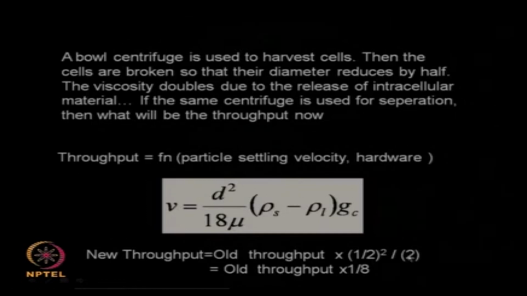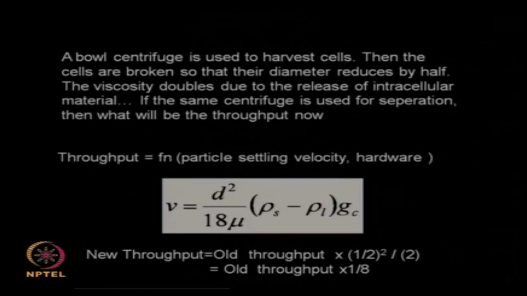So 1 by 2 squared becomes 1 by 4, and with the 2 here, it becomes 1 by 8. The new throughput has gone down by a factor of 8, that is, old throughput divided by 8, because the particle has become smaller and the viscosity has doubled.